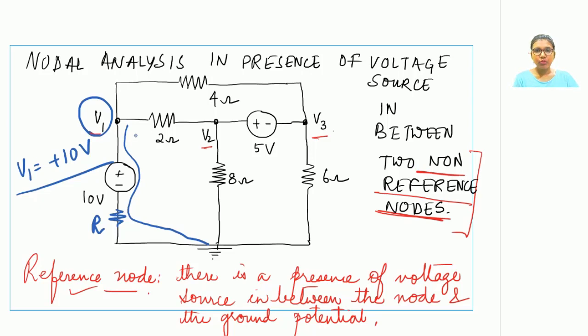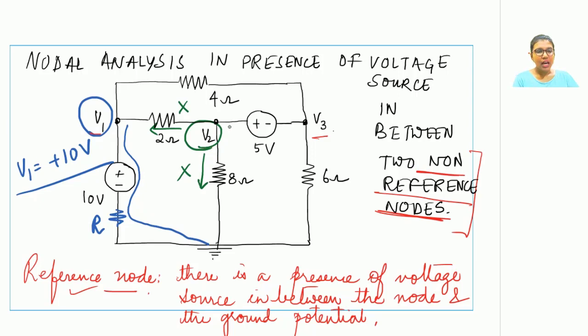So if any node does not satisfy the condition of a reference node, it is called a non-reference node. Let us see the nodes V2 and V3 and check whether they are reference nodes or non-reference nodes. Now coming to the node V2. Is a voltage source connected to V2? I cannot find any voltage source connected on the left hand side. I do not find any voltage source connected in the downward direction as well.